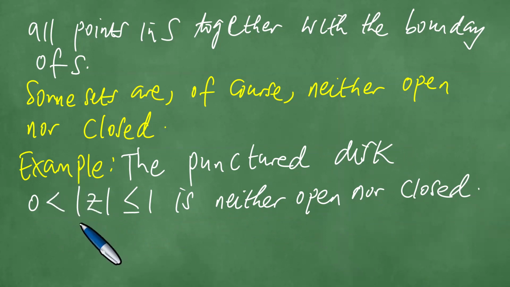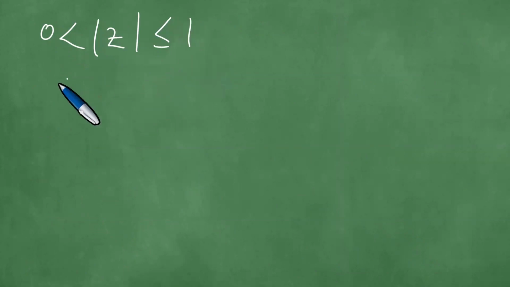I mean, how do we sketch it? So we take a unit circle, but now it is such that it doesn't contain the center, and it has radius 1. Let me write it down so that you can understand what we're talking about.